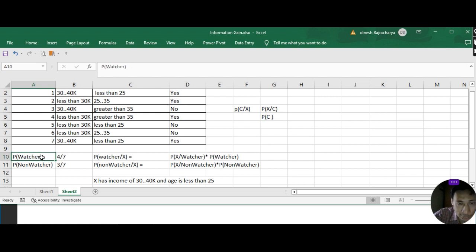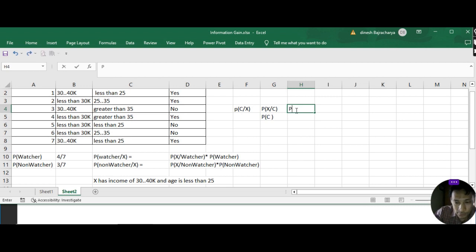Here we have 7 records, 4 watchers, so the probability of watcher is 4 by 7. Similarly, the probability of non-watcher is 3 by 7. Now we have to calculate the probability of X conditioned on C. X is described by 2 attributes here, income and age.